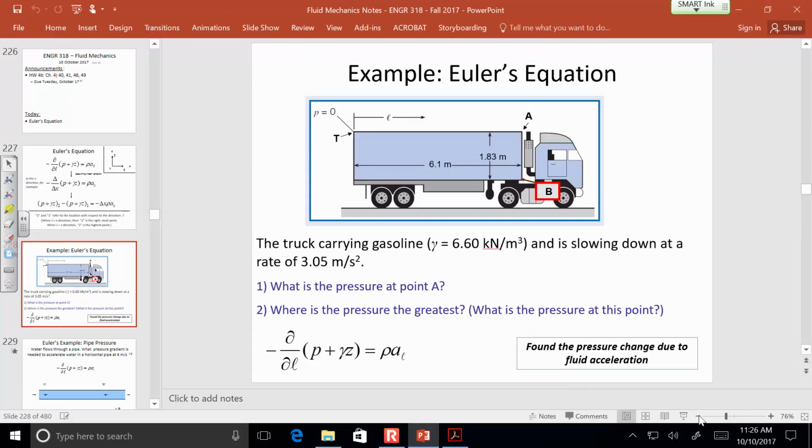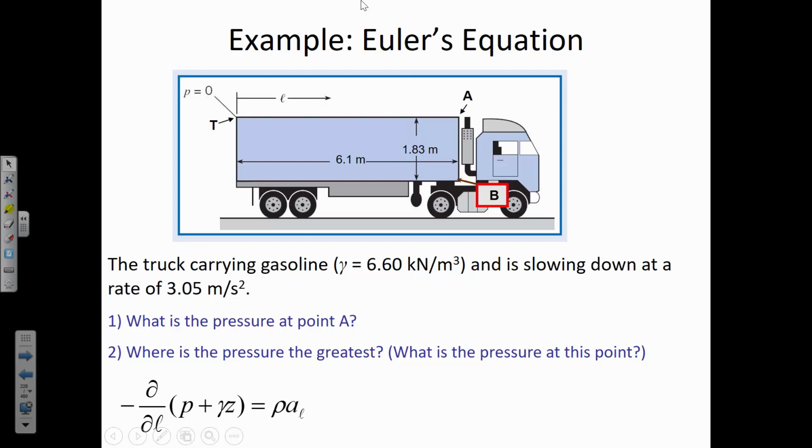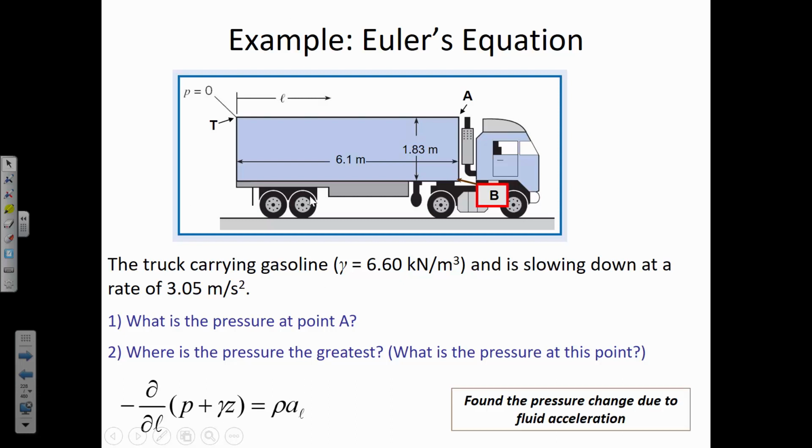Let's look at another example. Any questions before we move on? So this pressure change was because of acceleration. And that's mainly what we're talking about today, is how the local acceleration is changing the pressure of a fluid. Local acceleration can also change the location of a fluid.